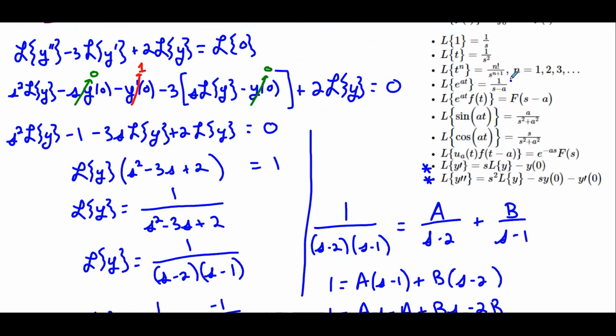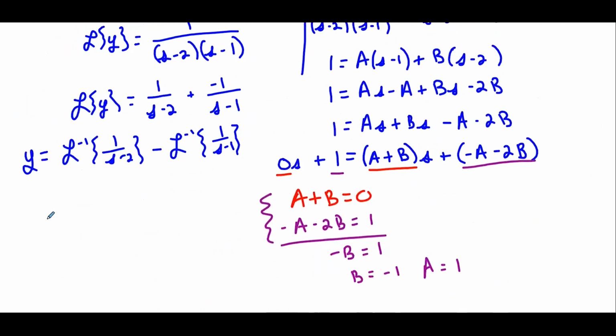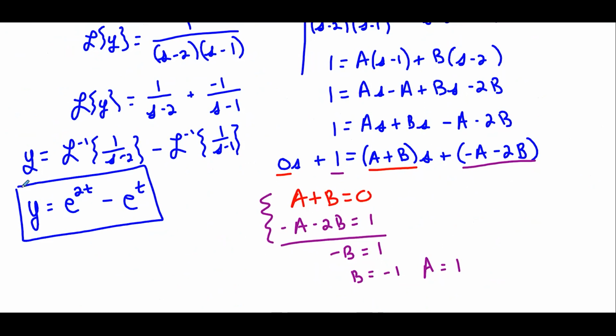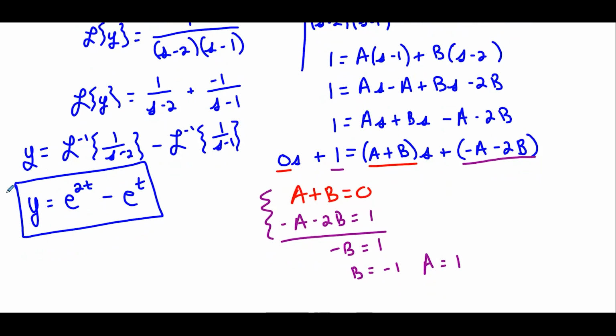So 1 over s minus a, if you take the inverse Laplace transform, that's going to be e to the at, right? So I'm just going to use that to say that y must be equal to e to the 2t minus e to the 1t, or just e to the t. And that is your solution. You can check this with your other methods, but this should demonstrate how the process of using Laplace transform to solve differential equations works.